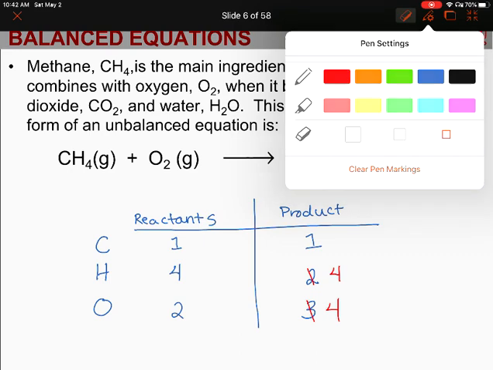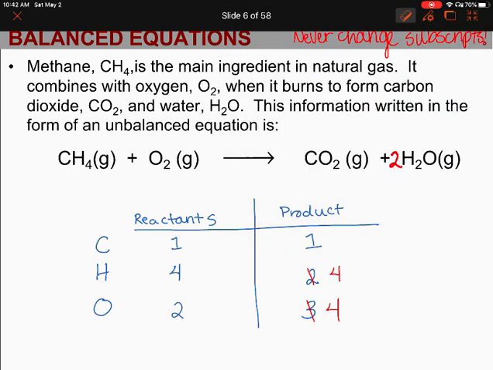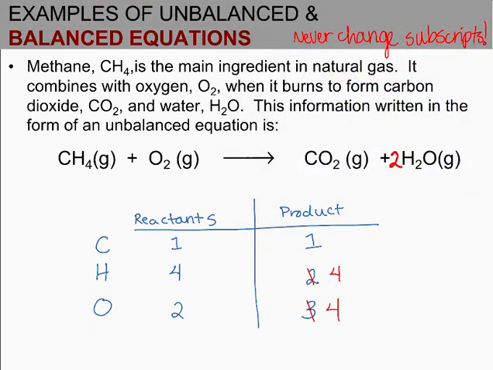Okay, so now let's balance our oxygen atoms. So now on the left-hand side, we have only 2 oxygen atoms, and on the right-hand side, we have 4. So in order to have 4 on each side, what should we do?